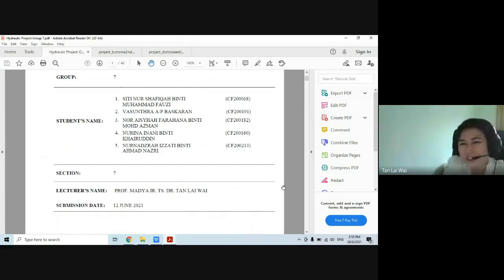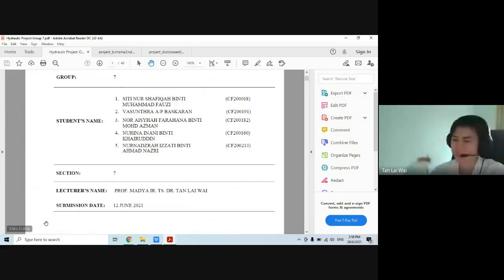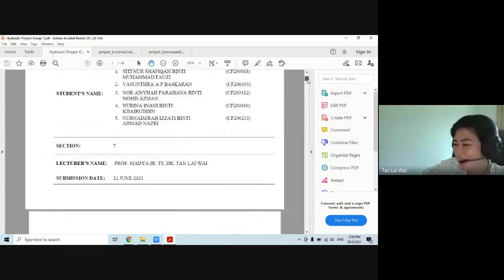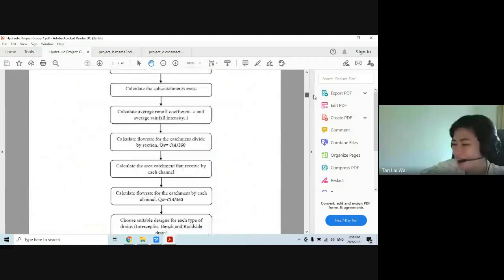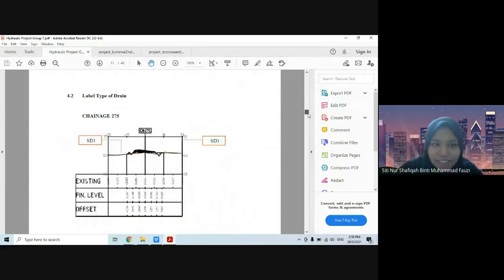Sekejap saya nak tengok student name dulu. Okay, you guys 5 of you. Dalam report you guys, ada tak tulis siapa buat apa? Peranan masing-masing? Kalau tak ada, boleh saya dapatkan info tak? Okay, part calculation saya buat. Syafiqah buat calculation. Saya dengan Vasuntra buat catchment area. Okay.